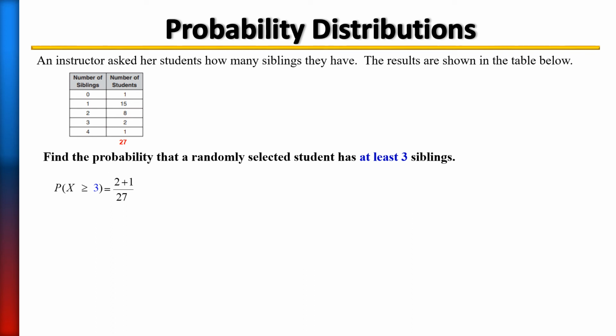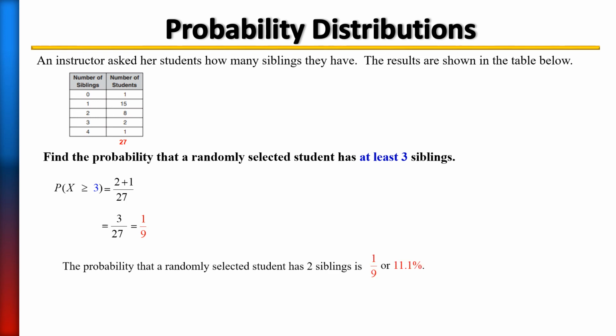So 2 plus 1 is 3, so that'll be 3 over 27, and when we reduce our fraction, that gives us 1/9. So the probability that a randomly selected student would have at least 3 siblings, top divided by the bottom, turned to a decimal and then a percent, would be 11.1%.